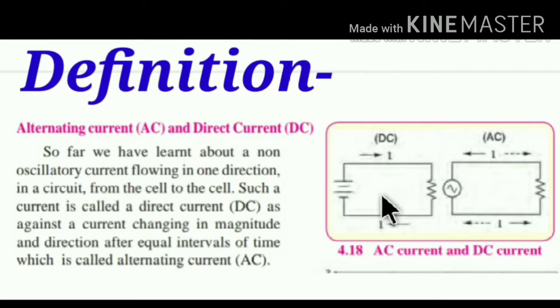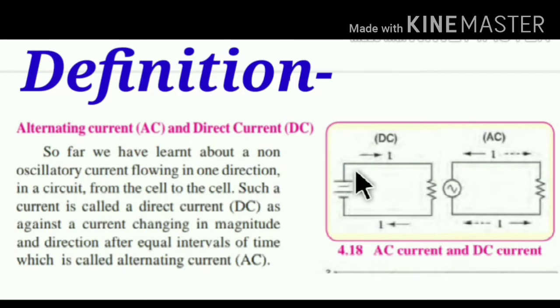First, direct current. A non-oscillatory current flowing in one direction in a circuit from cell to cell is called a direct current. This is the definition of direct current. See in the figure. In this first figure, this is a simple circuit, with a resistor and cells or battery here.